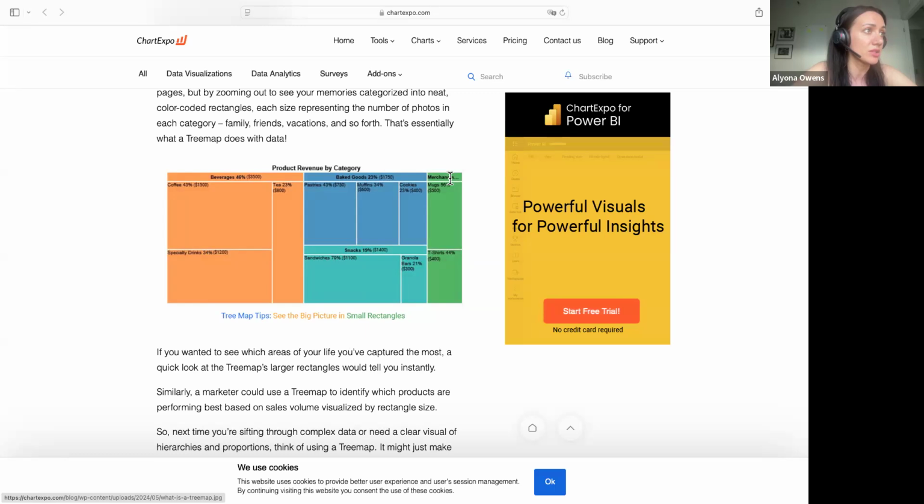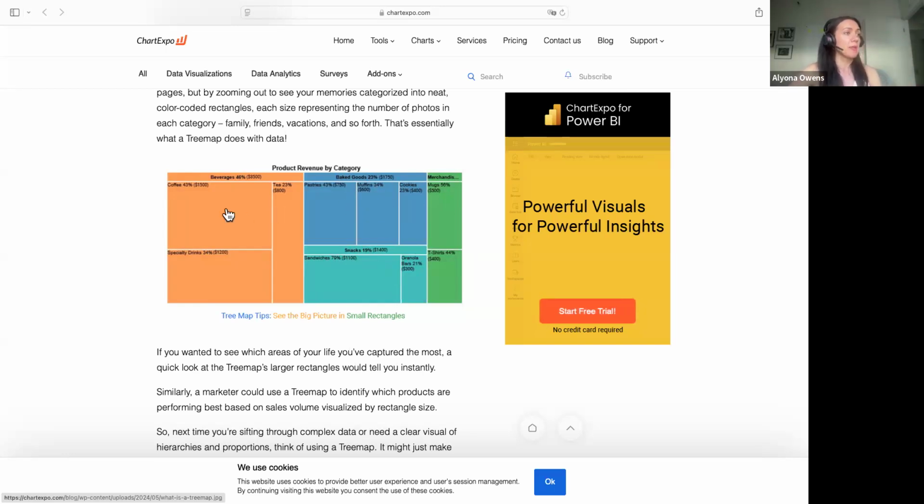So there's going to be 31 here. Doesn't look size-wise correct. There's 19 here. So 54 minus 23, 34. So 34 minus 19, 15. So this is 15%, this is 19, and this is 23.